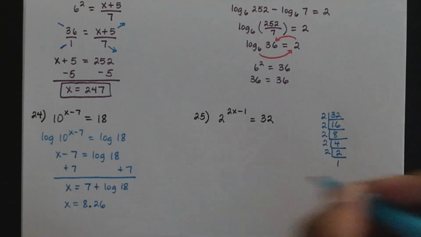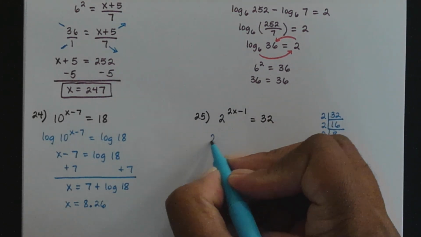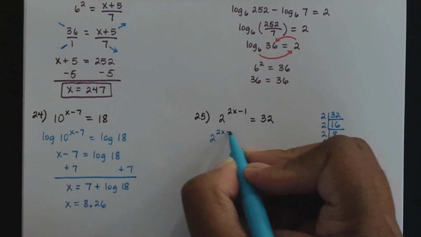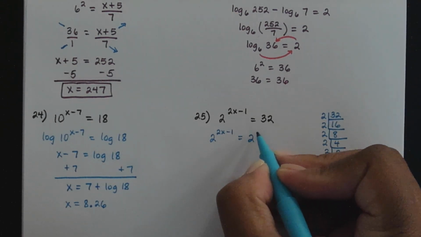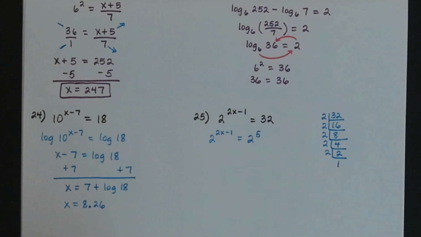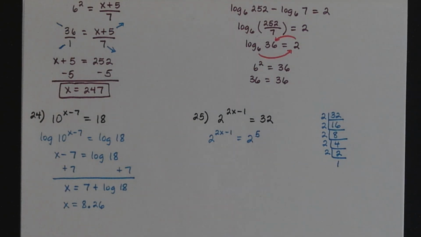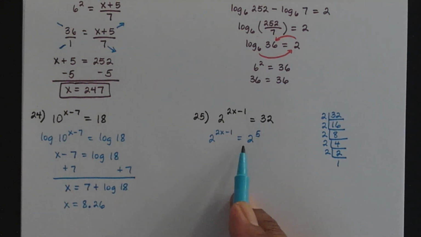How many factors of 2 do I have here? 5. So 32 can be written as 2 to the 5th power. Okay? Also, I see here that my bases are the same.